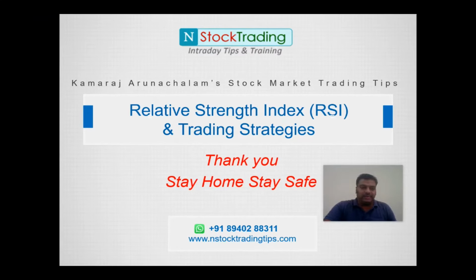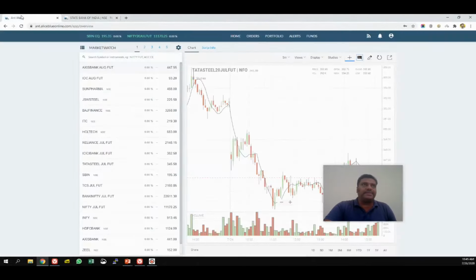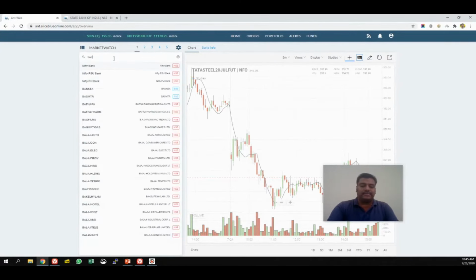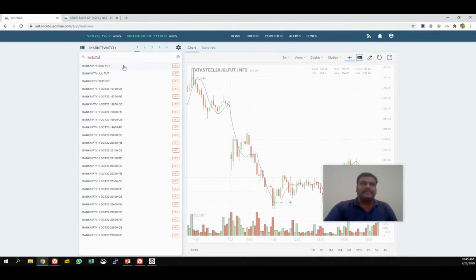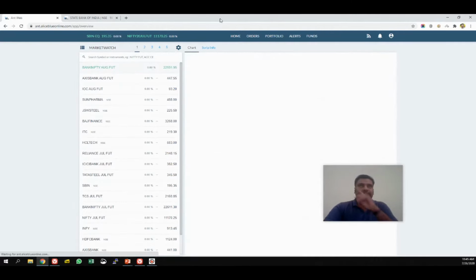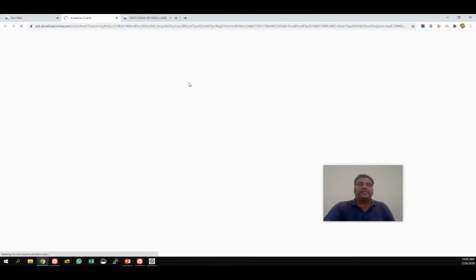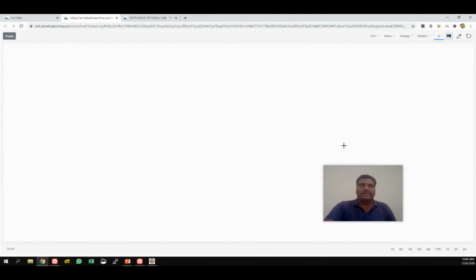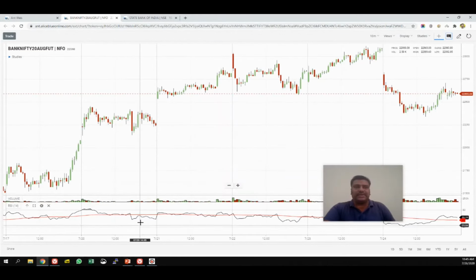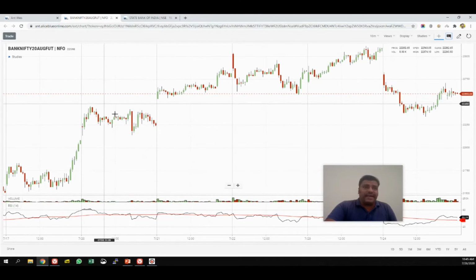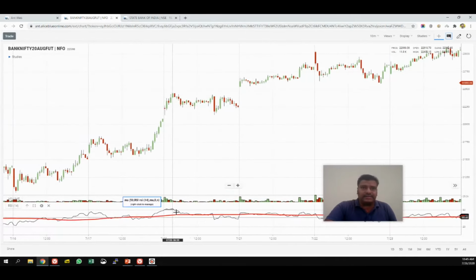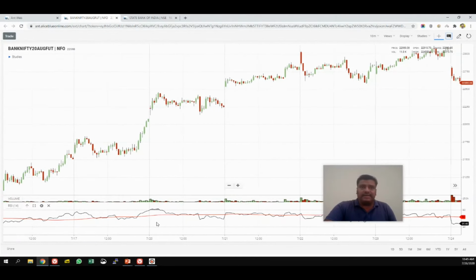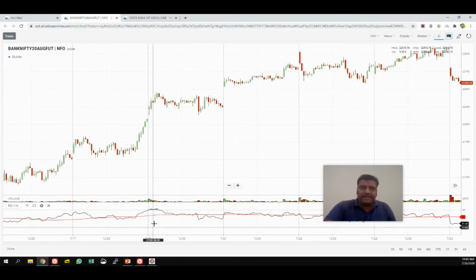I'll show you now. Bank Nifty. See, the default settings are over here. See, this is for Bank Nifty, and you want it on a Monday. So this is a Monday. You see this? This is a Monday. So this is the moving average 50, and you see that this RSI is currently in overbought area.